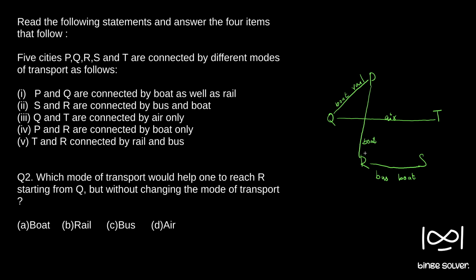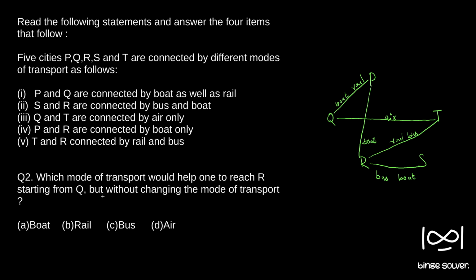P and R are connected by boat only. And T and R are connected by rail and bus. So we got our figure. Now we can go to the questions.